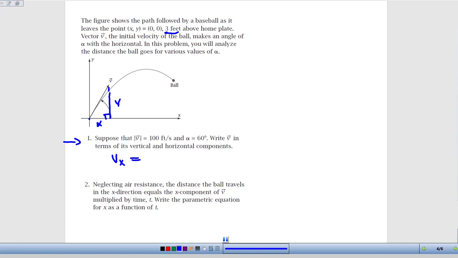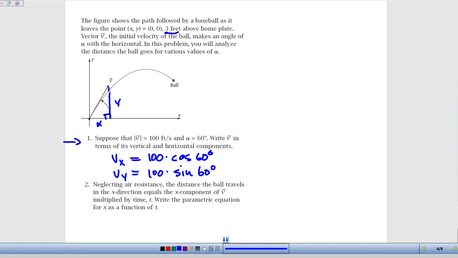If we want to isolate the x component of this vector, that's going to be 100 times the cosine of 60 degrees. We're just trying to find the horizontal side of this right triangle. Likewise, the y component of our velocity vector is going to be 100 times the sine of 60 degrees. Those are the velocities in the horizontal and vertical direction of the ball as it leaves the bat.